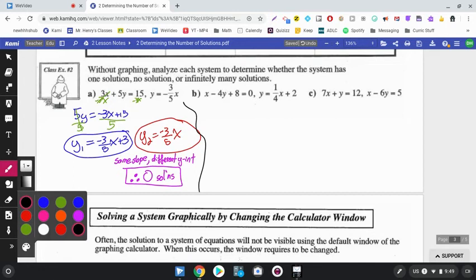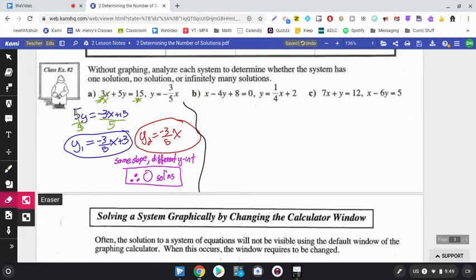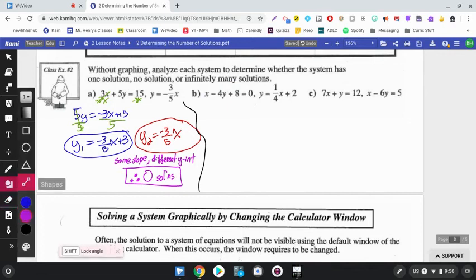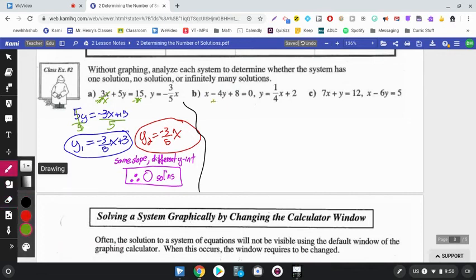X minus 4y plus 8 is equal to 0. Y equals 1/4 x plus 2. Let's do this one. I have to rearrange the first equation again. I notice that all 3 things are on one side, so let's just move the 4y over. Save myself a little bit of work.